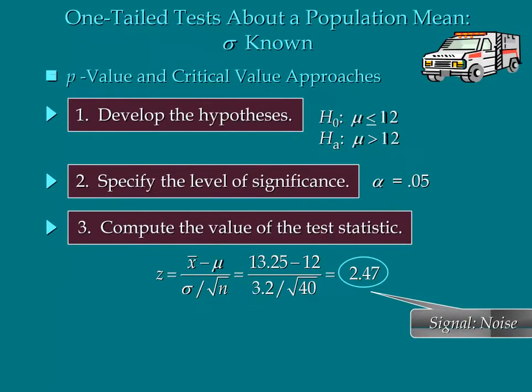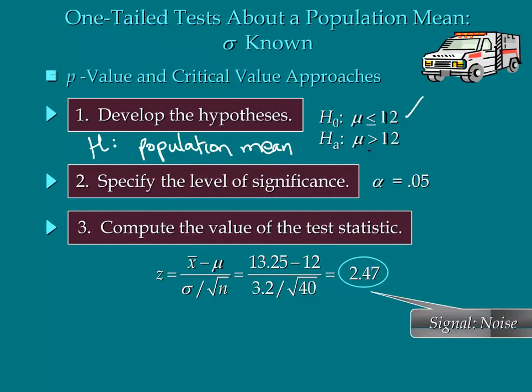I developed this hypothesis in a previous presentation, so I'll just say that the null hypothesis is that the population mean, mu, is less than or equal to 12.